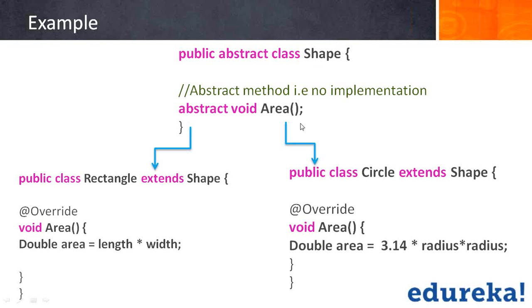Whatever shape is present, every shape has an area. So you define it, you make an abstract method. Whenever you extend a class, abstract methods have to be implemented, that is @Override. So in the Rectangle, we implemented the logic to find the area of a rectangle, that is length into width. But when we implemented this in a circle, we use 3.14 into radius.